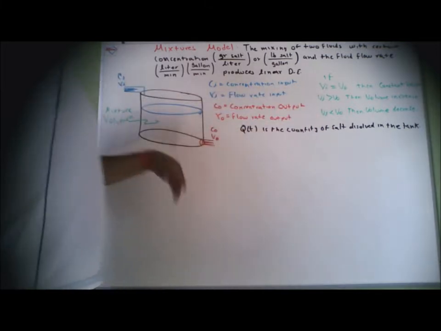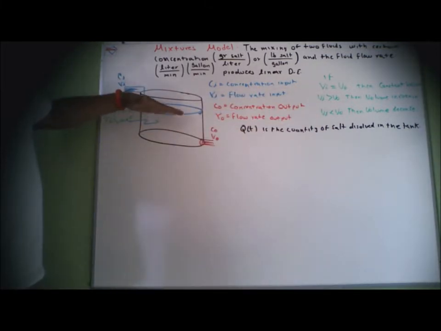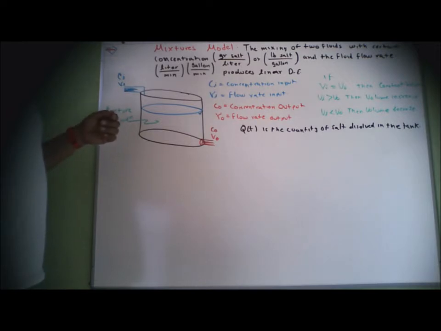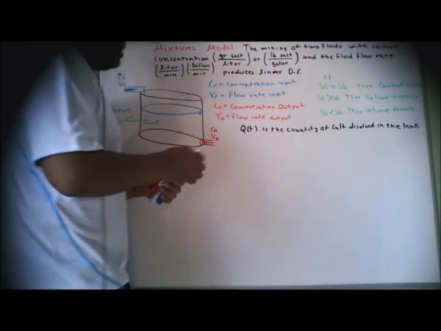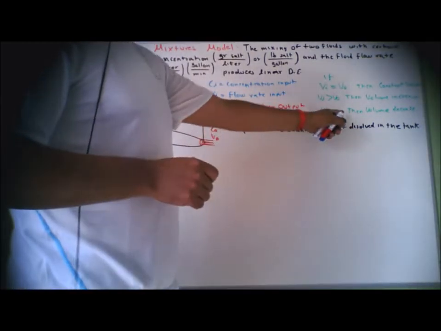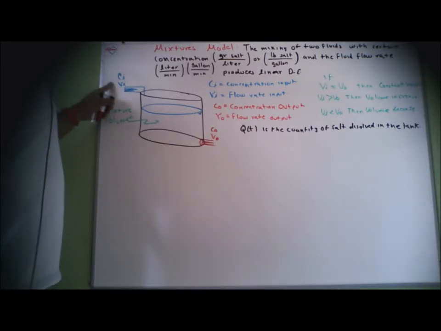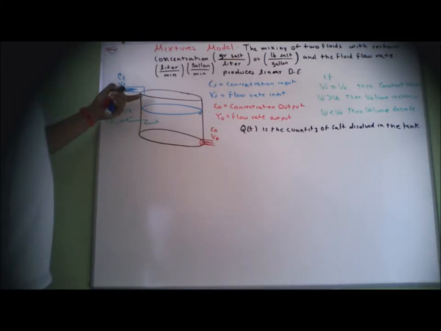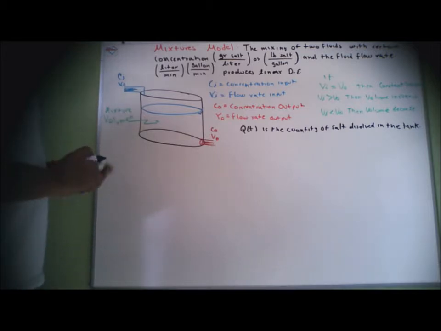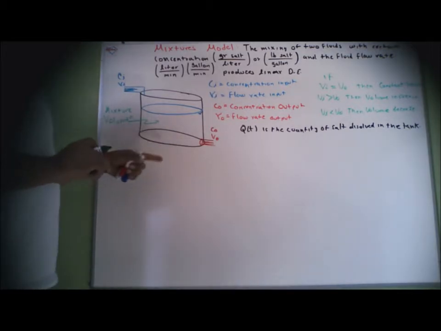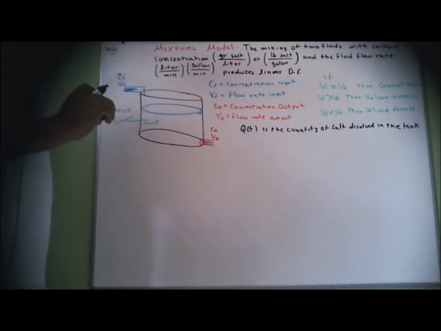Then the volume is not going to be constant, it's going to increase. Now, what happens if the flow rate output is bigger than the flow rate input? Then the volume is going to decrease. So the volume in the tank could be constant or could be variable. Just keep that concept in mind.